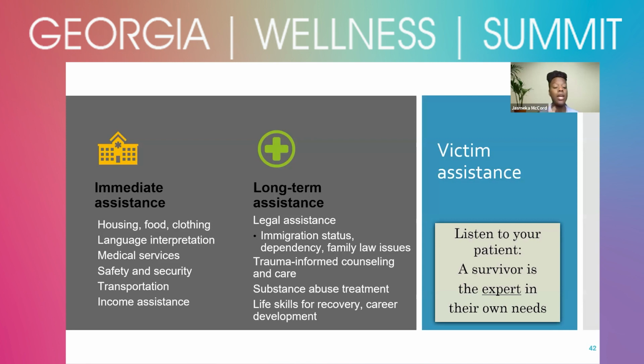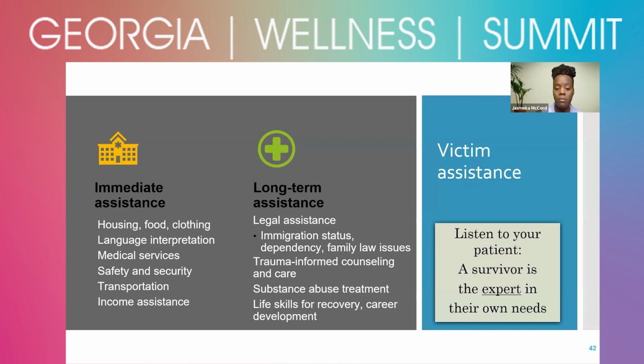They can provide language interpretation services, medical services, so that they can attend to whatever injuries or diseases they may have contracted during their exposure to these different labor and sex conditions. Safety and security, transportation, income assistance. Once we identify victims, it truly is our job to be able to help them in the immediate and long term.